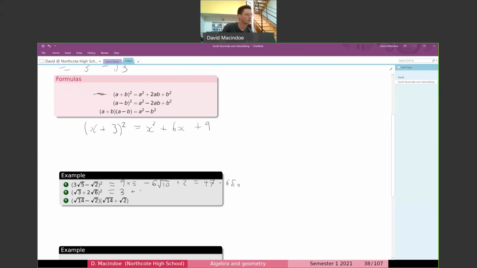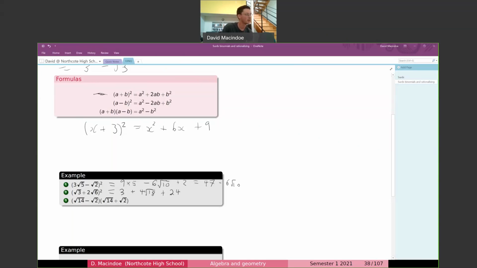So 2 times 2 is 4, and then root 6 times 3 is 18. And then the last thing squared. So it's 2 squared is 4 times 6. What's 4 times 6? 4 times 6 is 24. Yeah, sure is. Okay.